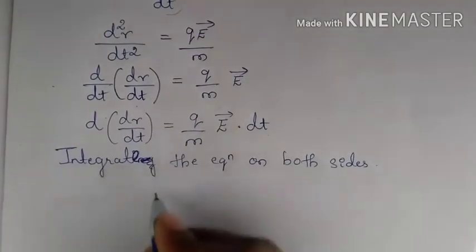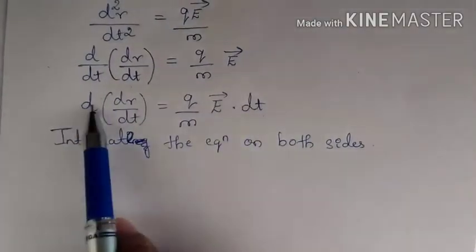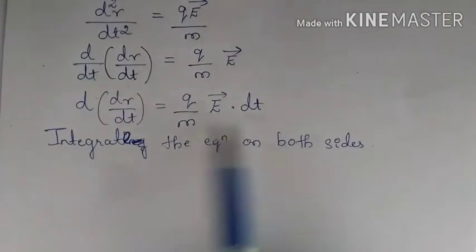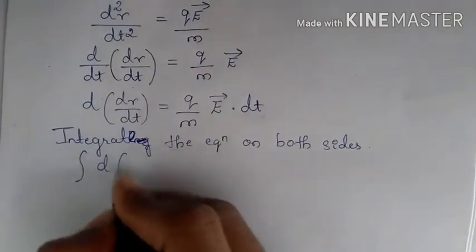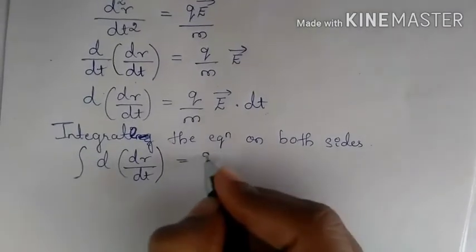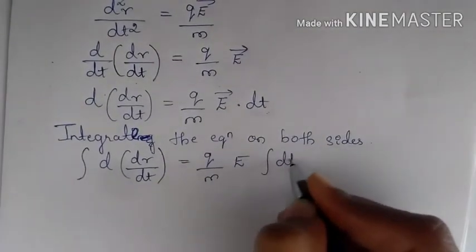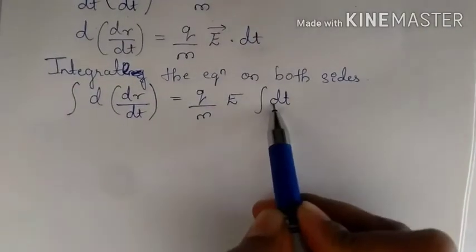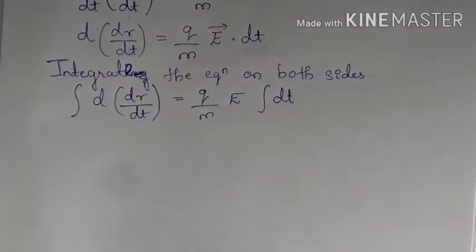If you integrate, then d will get cancelled. So integrate d multiplied by dr/dt, which is equal to (q/m)E times the integration of dt. Here t is the variable, so we are taking the integration of dt. As I said, this d and the integration will get cancelled.